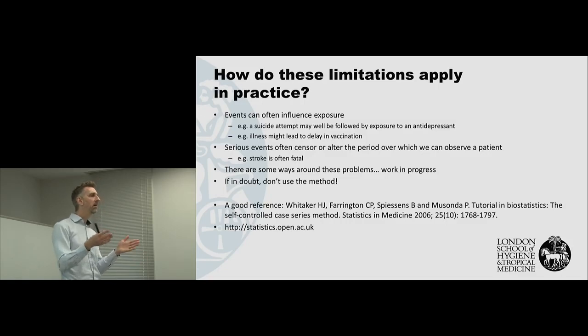We can handle short delays, but if it meant that I would then never receive the vaccination, this would be something that we couldn't handle in the design, so we would have to use another method. And we talked about some outcomes that will often lead to a short-term risk of death, like stroke. And again, if we think that this is likely to be a problem, we should just not use this method.